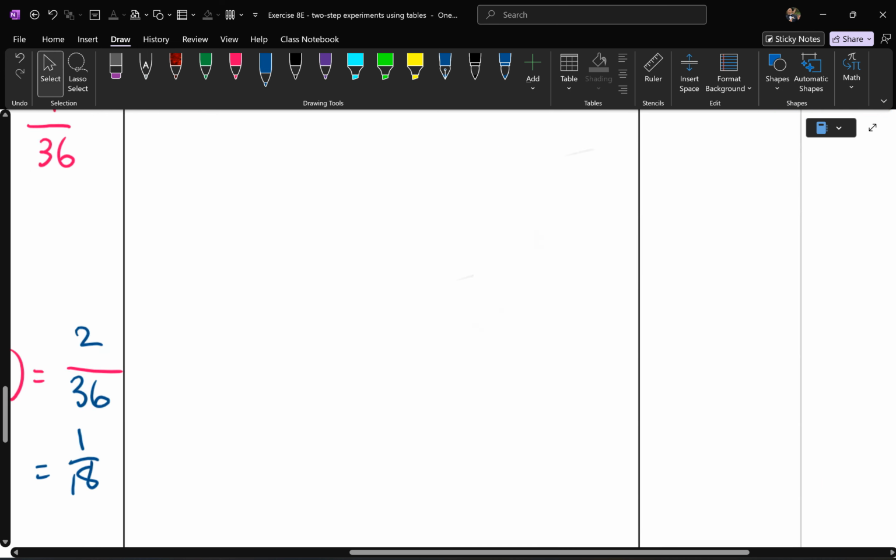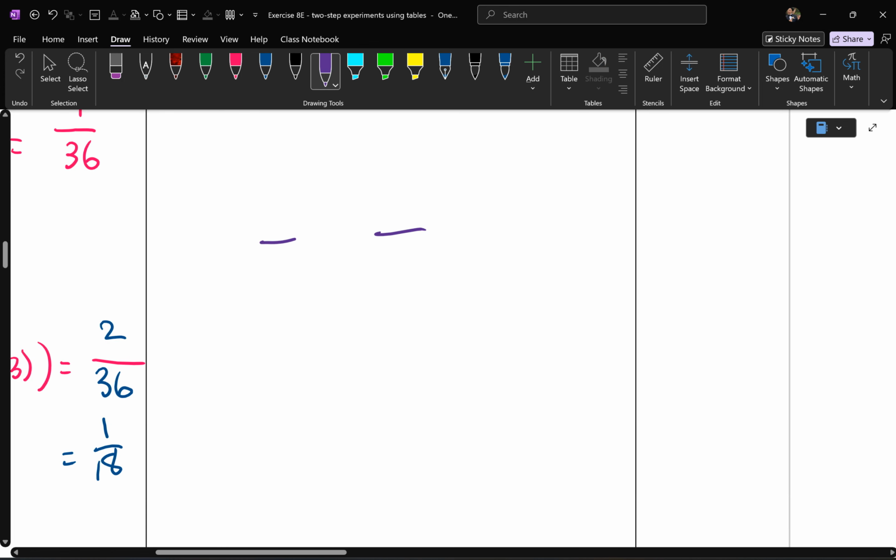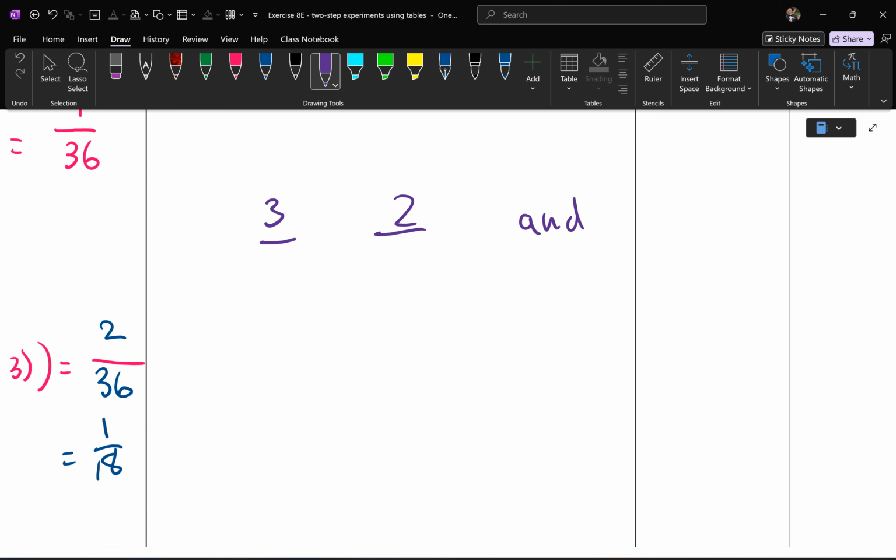It's like saying, because you're only rolling it twice, you're asking me, what's the chance of getting a (3, 2) and (2, 3)? But you're only rolling it twice. So to get that in 1 roll or 2 rolls, it's impossible. But the or makes sense. The or is saying you rolled it this way, or you could have rolled it this way.